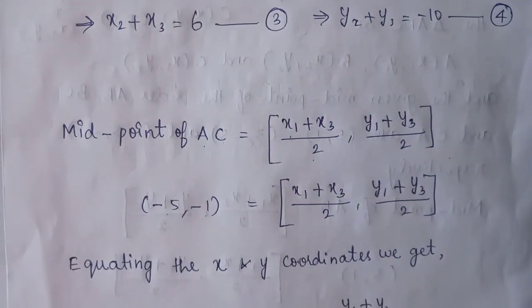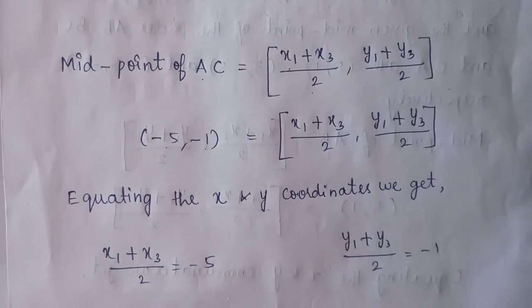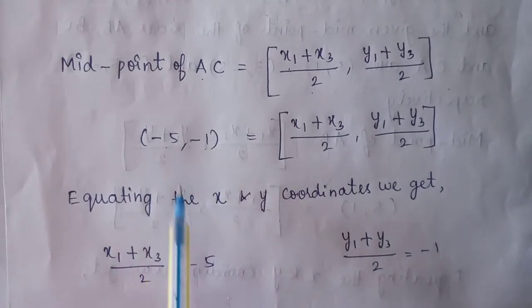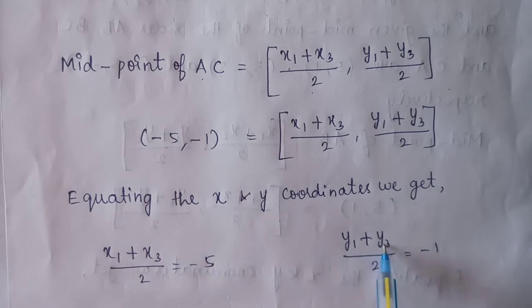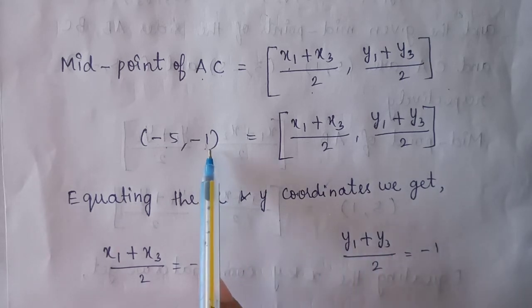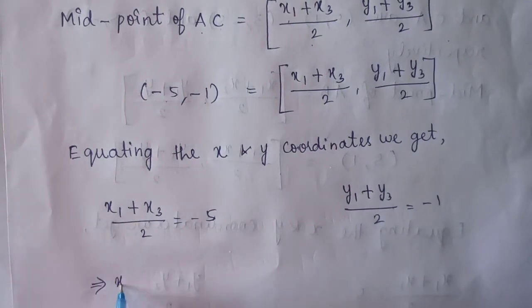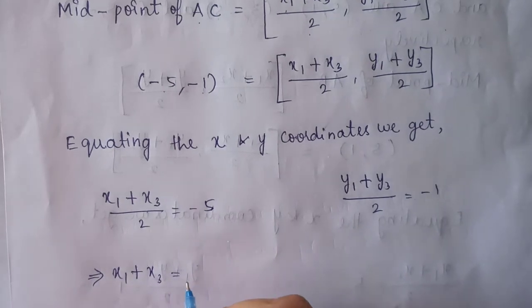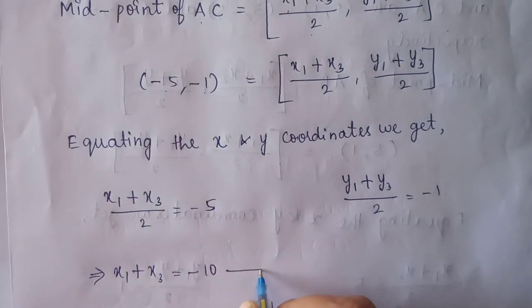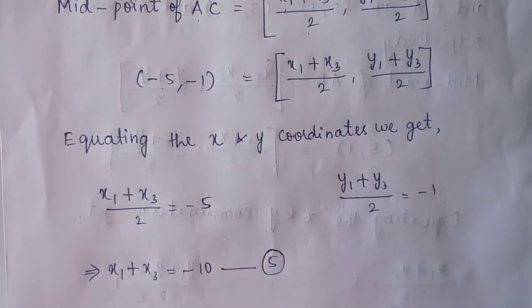Equating the x and y coordinates, we get (x1 plus x3) by 2 is equal to -5 and (y1 plus y3) by 2 is equal to -1, which implies x1 plus x3 is equal to 2 into -5, which is -10, equation number 5.